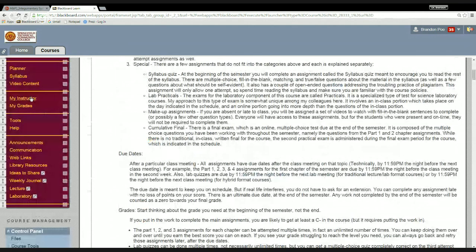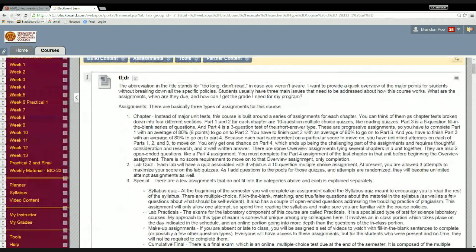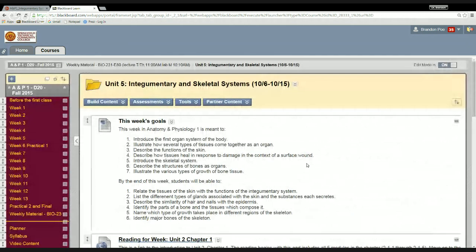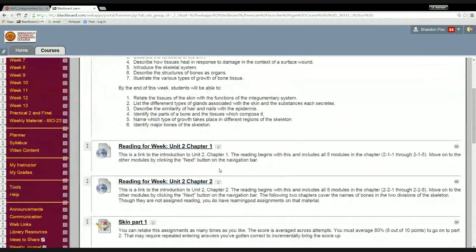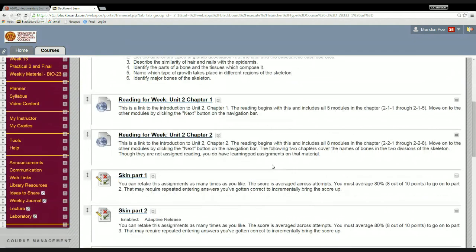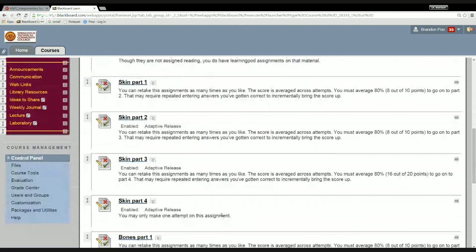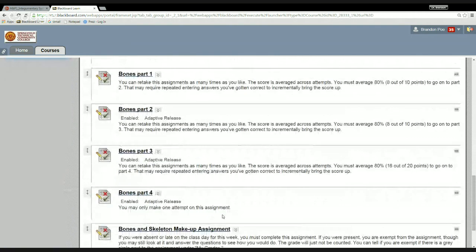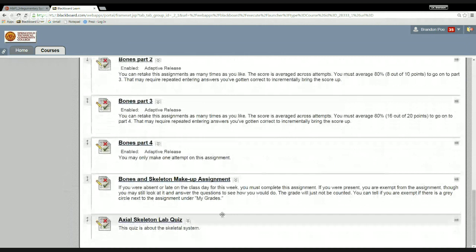Now, let me go to this folder. I have 2 reading assignments here, just links directly to the skin chapter and to the skeleton chapter. So you can kind of think of it as 2 different weeks worth of material. The skin parts 1, 2, 3, and 4, and bones part 1, 2, 3, and 4 are there. And then in here you have a makeup assignment.